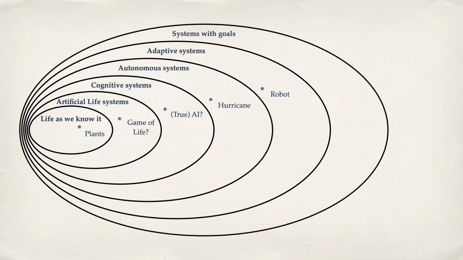More general than that, I'm assuming there are systems with goals. And I would say systems with goals don't necessarily adapt. So there might be a goal, but they don't necessarily have any mechanism to adapt to disturbances. And here, hopefully, you'll be a bit surprised if I tell you that a ball rolling is a system with a goal.